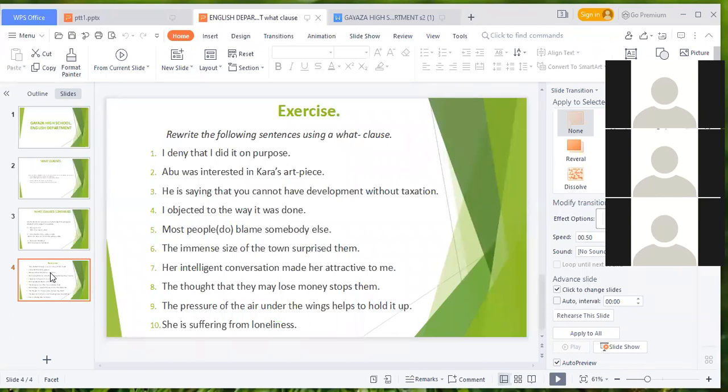It depends on the instructions. It is still okay. Her intelligent conversation is what made her attractive to me. It is very okay. They will tell you to write with dash, dash, dash, what, dash, dash, dash. It would be absolutely okay. Okay, thank you, teacher.